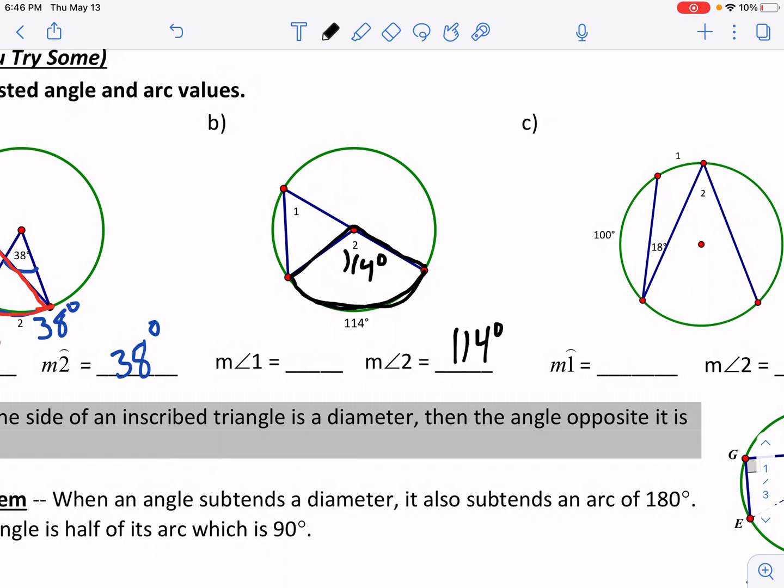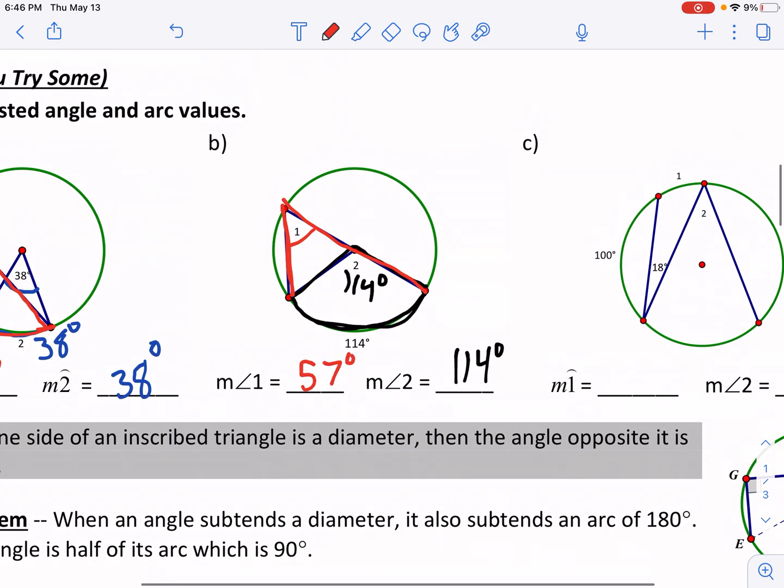But angle 1 here is an inscribed angle, and so when it intercepts the arc of 114 degrees, it's going to be half of that. So take 114 divided by 2, and we find that angle 1 here is 57 degrees. It's going to be half of that.